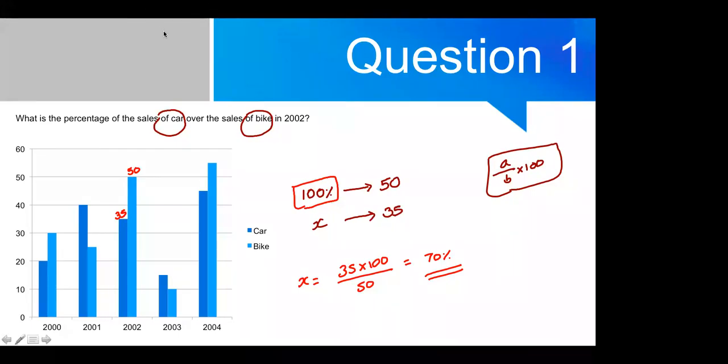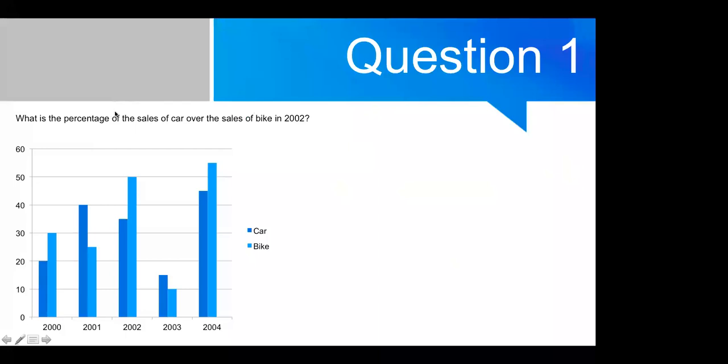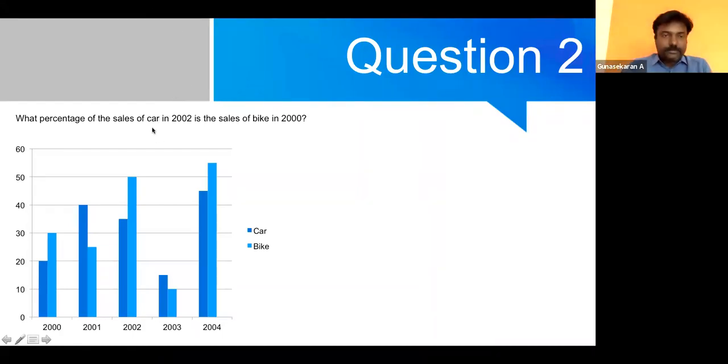Okay, second question. Here, sales of car in 2002, sales of bike in 2000.